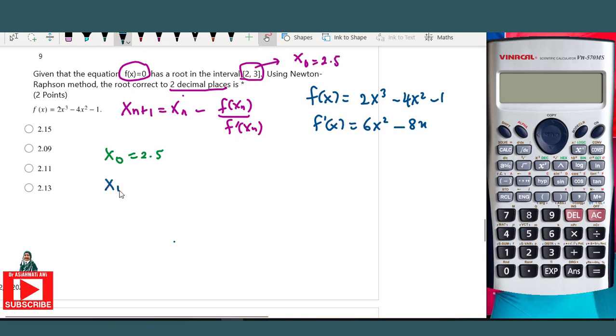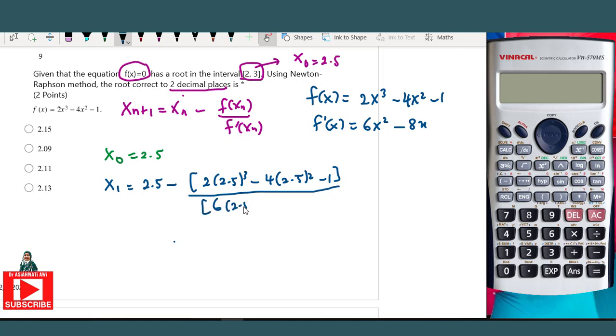x1 here is 2.5 minus, here is f(x). Substitute 2.5 cubed times 2, minus 4 times 2.5 squared, minus 1, close the bracket, over f prime of x: 6 times 2.5 squared minus 8 times 2.5, and close.